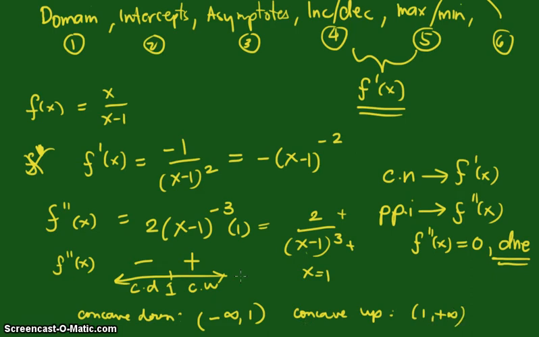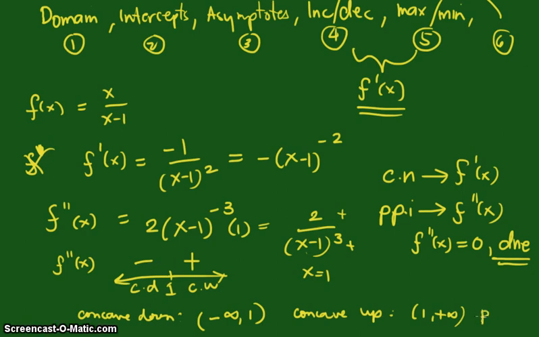To answer the point of inflection, the point of inflection is where you change concavity from concave up to concave down. And the only candidate for that is x equals 1. And if we check it, it's concave down and concave up. There is a change in the concavity at x equals 1.